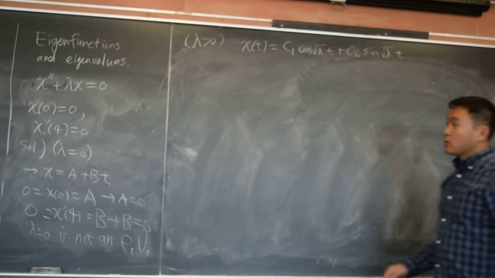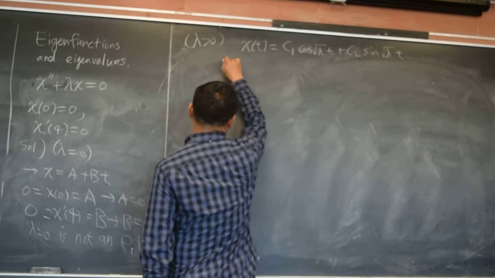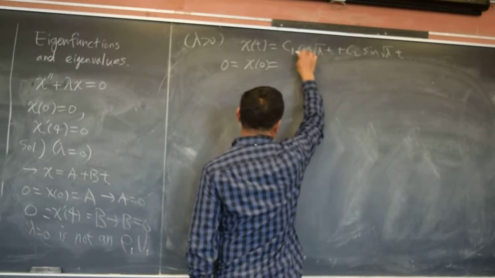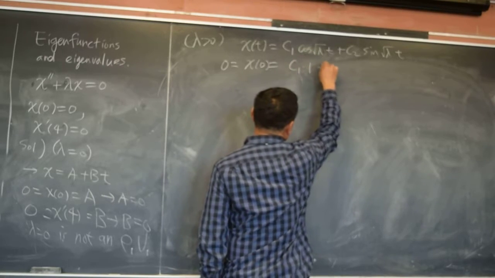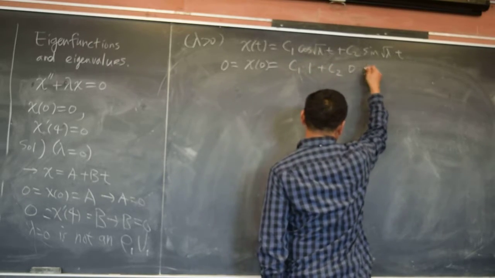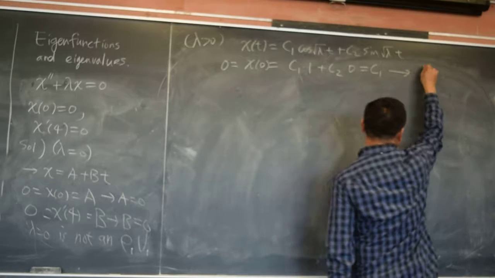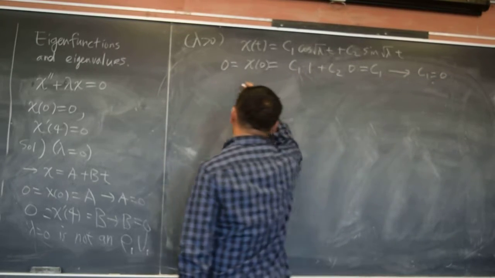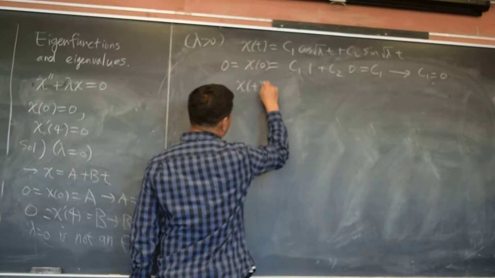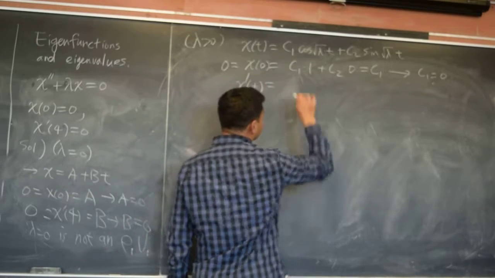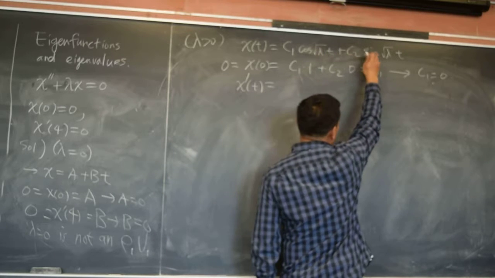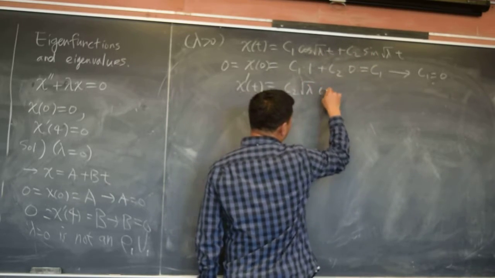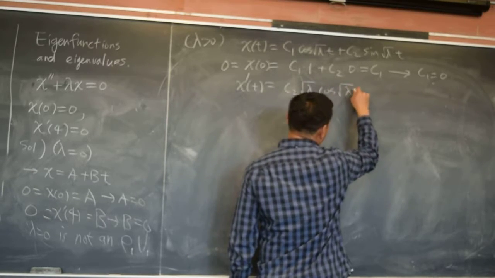And then you plug in 0: 0 equals x of 0. Cosine 0 is 1, so you get c1 times 1. Sine 0 is 0, so c2 times 0. So that's just c1. That means c1 has to be 0. And then x prime of t, since c1 is 0, we don't care about that. We only have to differentiate the other term. That's c2 times square root of lambda cosine square root of lambda t.